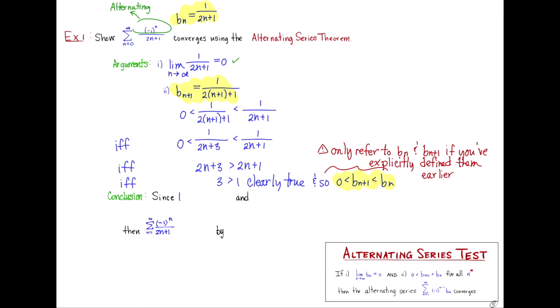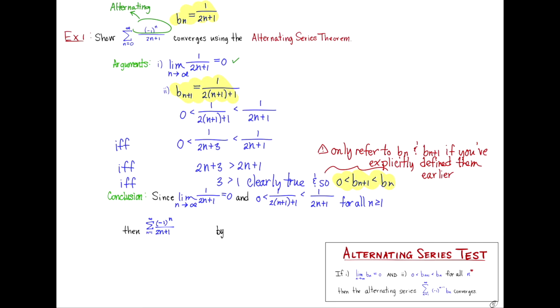Since the limit as n approaches infinity of 1 over 2n plus 1 is equal to 0, and 0 is less than 1 over 2 times n plus 1, which is less than 1 over 2n plus 1 for all n greater than or equal to 1.